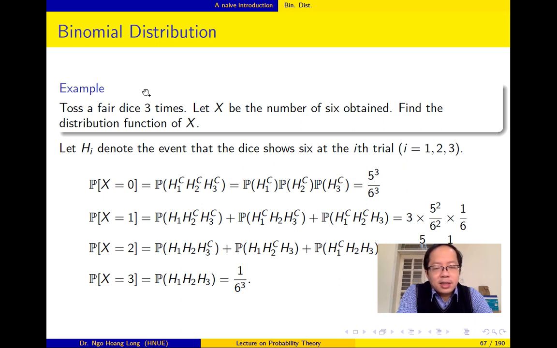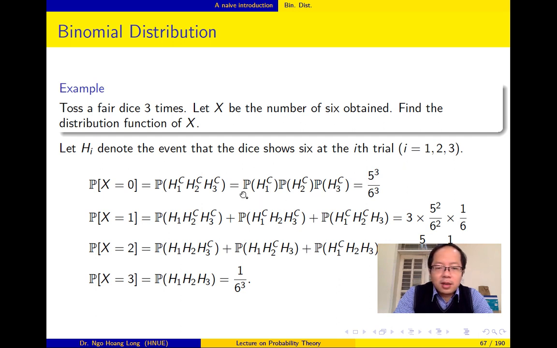P of X equals 0 equals P of the complement of H1 intersect with the complement of H2 intersect with the complement of H3. And because H1, H2, and H3 are independent, the probability of these 3 intersecting sets is the probability of each event multiplied together.